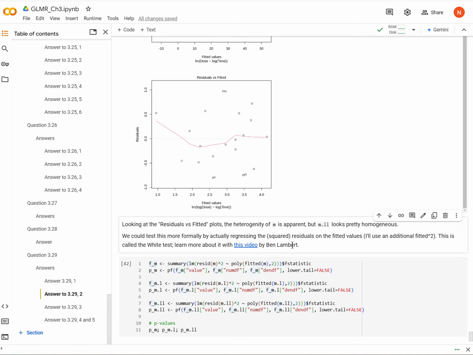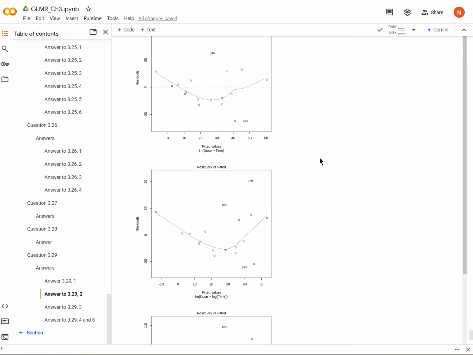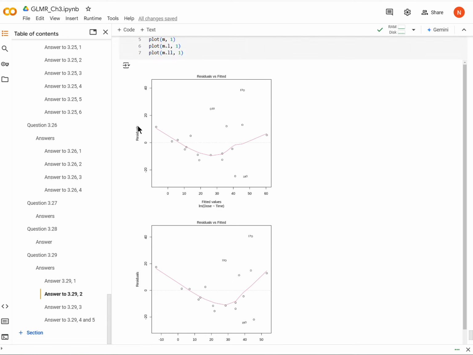So, the idea behind what's called the White test is that we are going to regress the residuals on the fitted values.